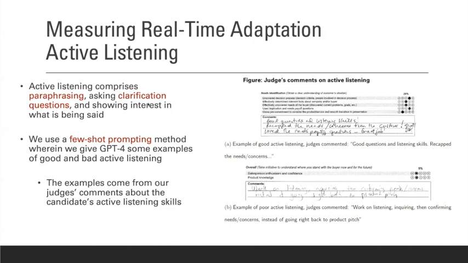As seen in the figure on the right, some scoring sheets explicitly had comments about a student's active listening skills. We were able to identify both instances of good as well as bad active listening. These were then given as examples to GPT-4. And subsequently, the language model helped us to give an active listening score for each of the remaining video transcripts.